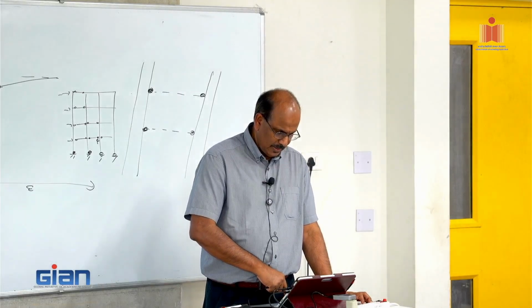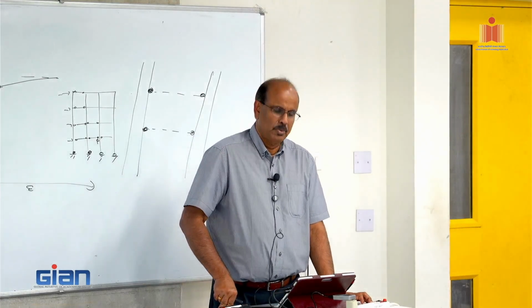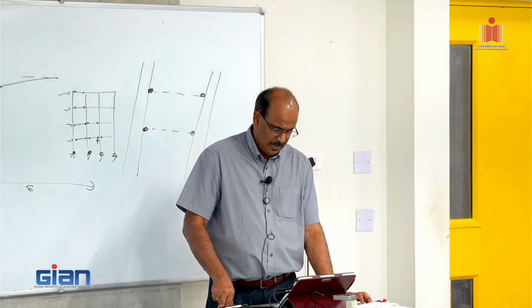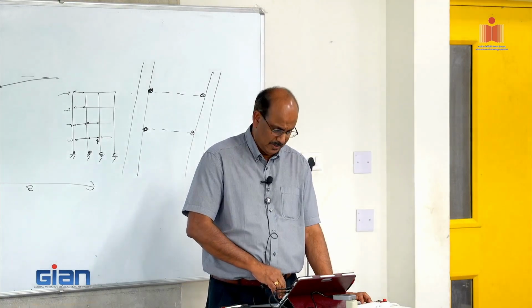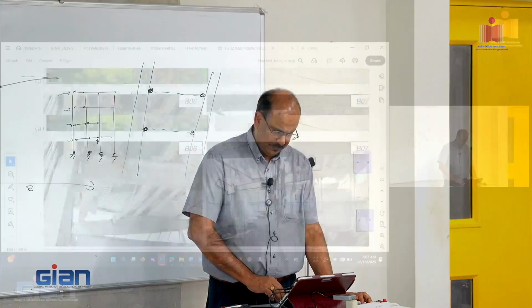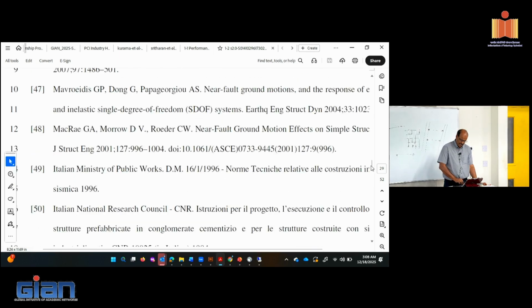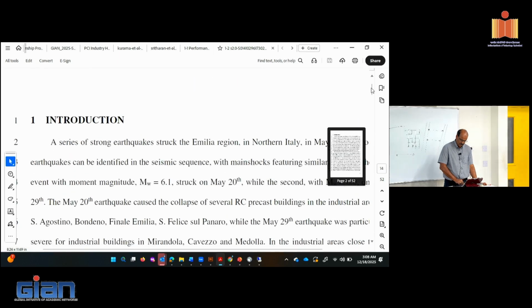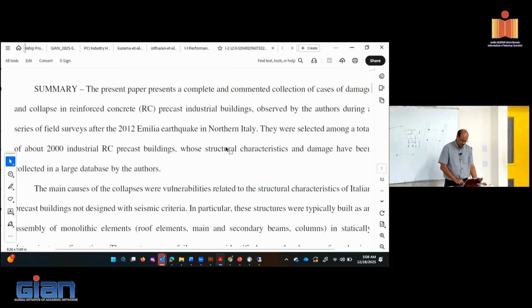There was an earthquake in another country that used precast and experienced seismic loading: Italy. Italy had an event in early 2000, I think. Was it early 2000? They had multiple events, so let me see which. So this was the 2012 Emilia earthquake.